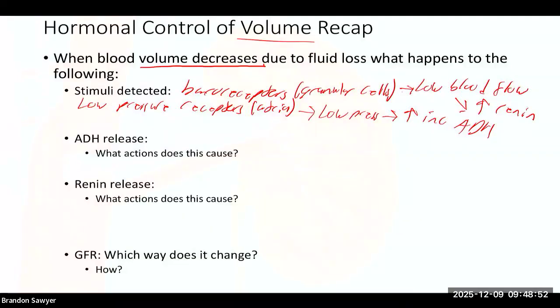So, increase in renin. Again, renin is really just an enzyme, and it's going to turn angiotensinogen into angiotensin 1. Angiotensin 1 is going to get turned into angiotensin 2 by the ACE enzyme in the lungs mostly. Since I already started down that path, we can go here first.